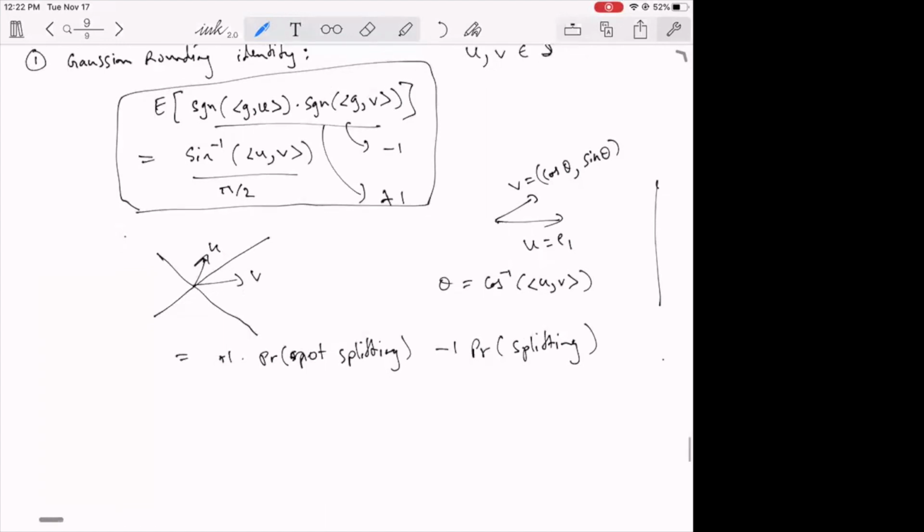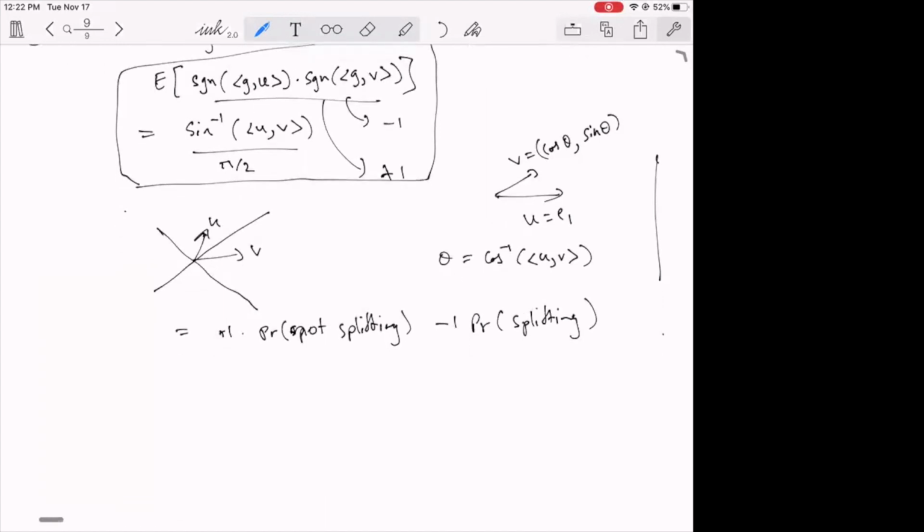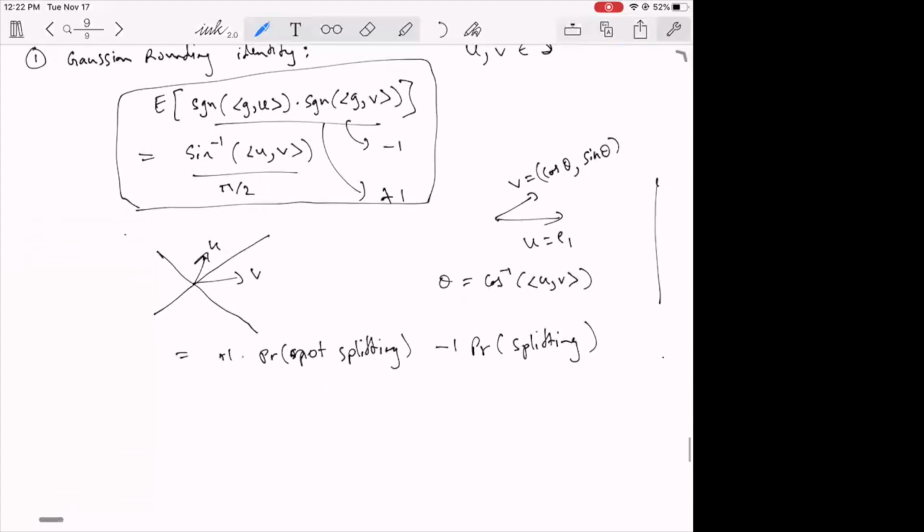So we get that identity, and in particular, this means that if I take a matrix Z whose ij-th entry is the inner product of ui and Vj, and I set xi to be the sign of a Gaussian vector G inner product ui, and I set yj to be the sign of the Gaussian vector inner product Vj.